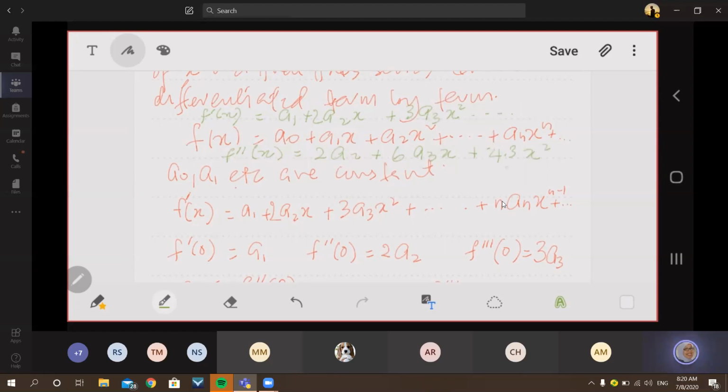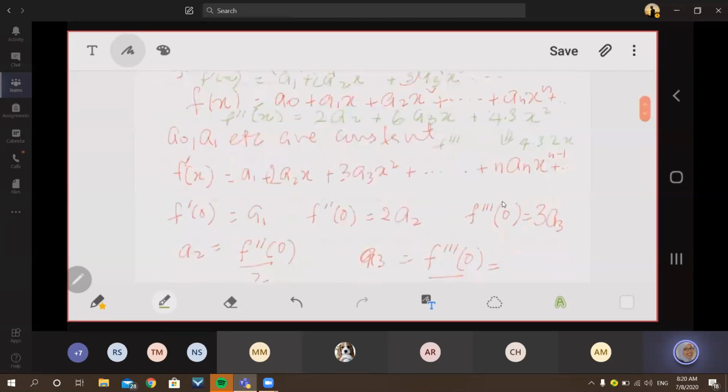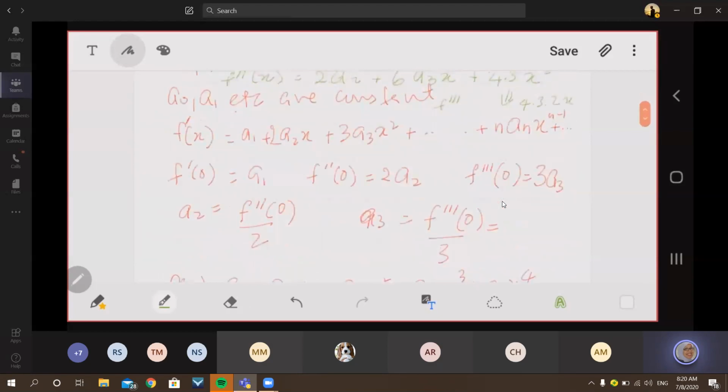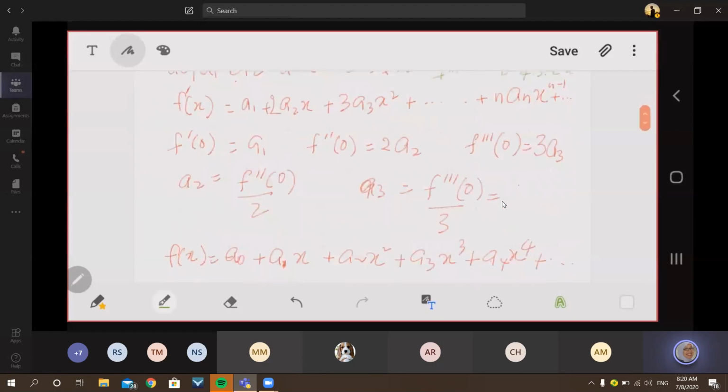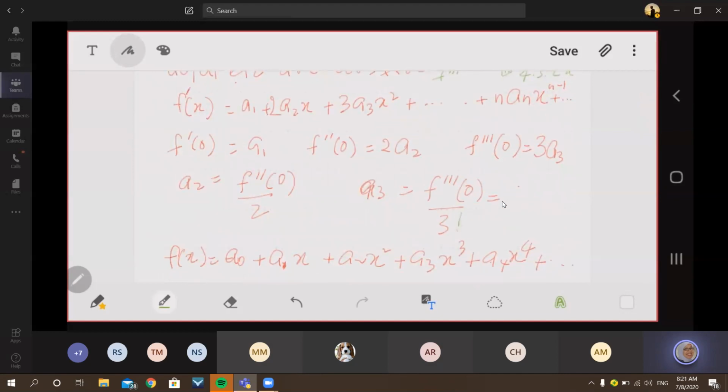If you differentiate another time for f triple prime, you get 4 times 3 times 2x. So then a2 is equal to that, and a3 is equal to f triple prime of 0 divided by 3 factorial. And then a4 is equal to f 4 times of 0 divided by 4 factorial.